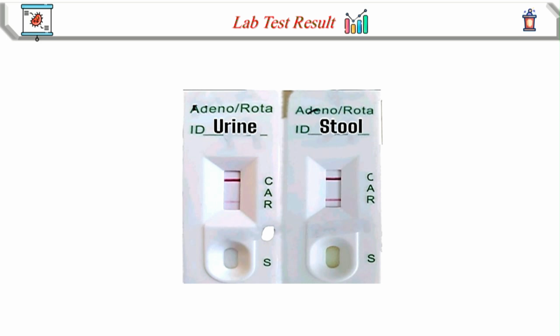The red line indicates a positive result for both stool and urine. As you can see, C indicates control, A indicates adenovirus, R indicates rotavirus, and S is the place where the specimen is placed.